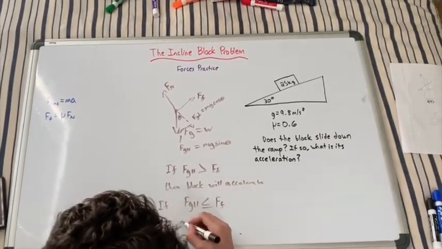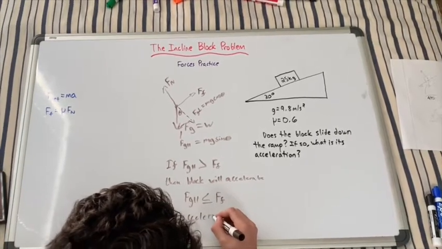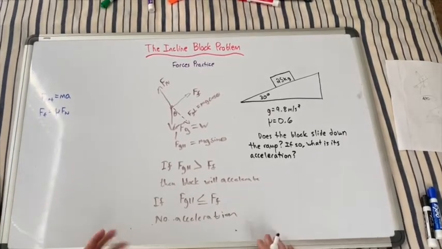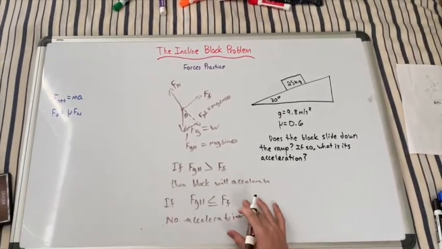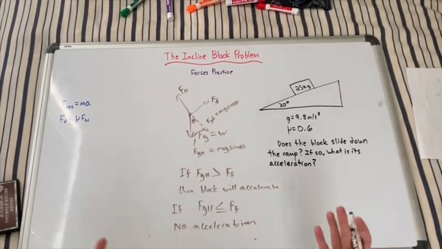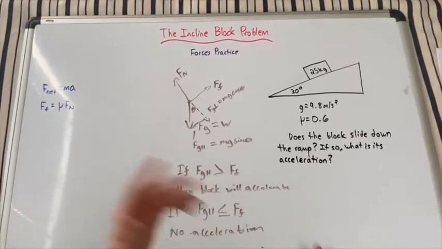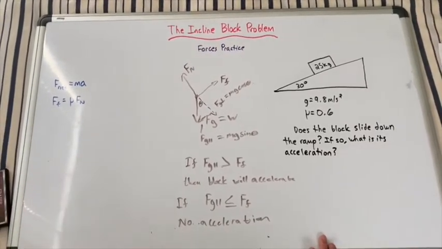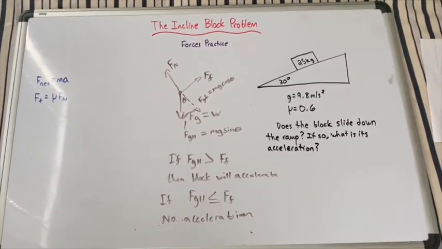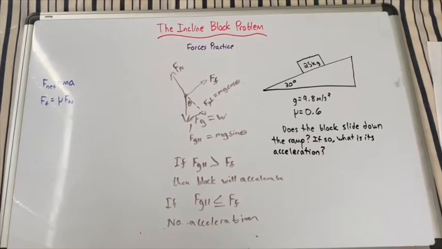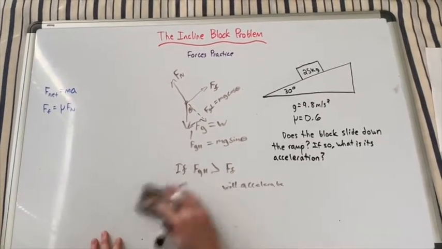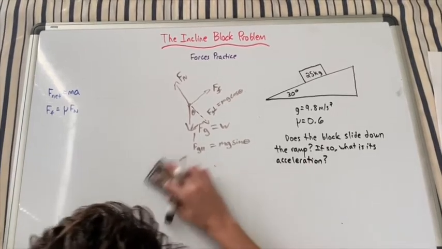No acceleration. So what we're going to have to do is determine these two values, compare them, and see if the block will even slide down the ramp. And if it does slide down the ramp, we'll have to go back and follow a similar approach as the previous inclined block problem. So now that we have the basic concepts covered, let's do some calculations.